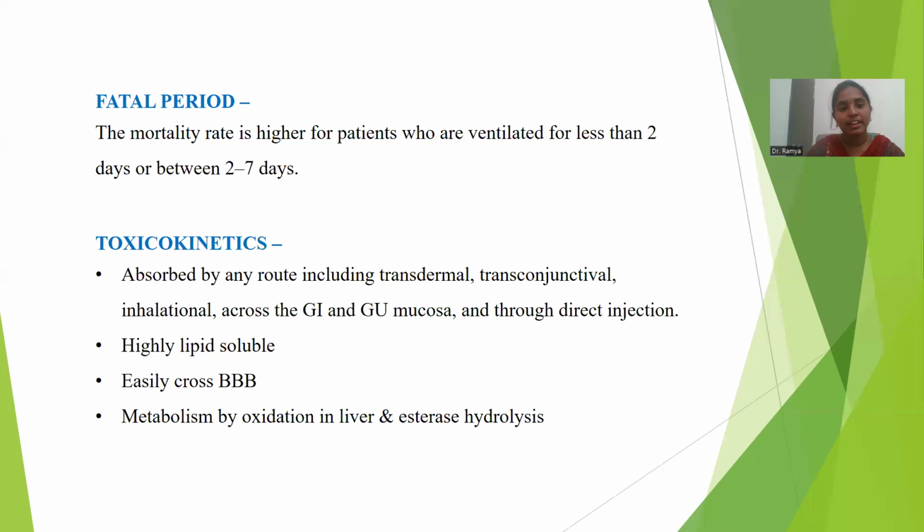Absorption can be by any route: transdermal, transconjunctival, inhalational, GI and GU mucosa, and through direct ingestion. These compounds are highly lipid soluble, cross the blood-brain barrier, and are metabolized in the liver and by esterase hydrolysis.